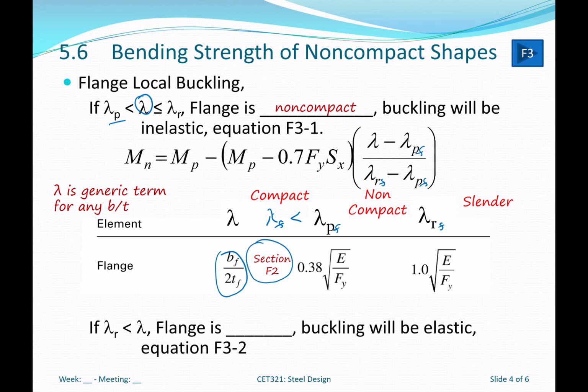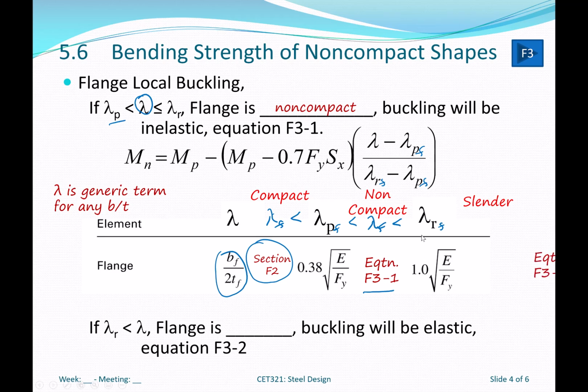So you have a compact shape, and everything is as it was before we got to section 5.6. If we end up with lambda sub f between these two limits, then we do have a non-compact flange and we use equation F3-1.